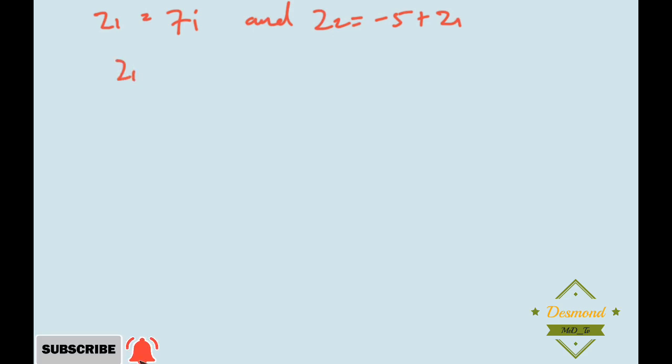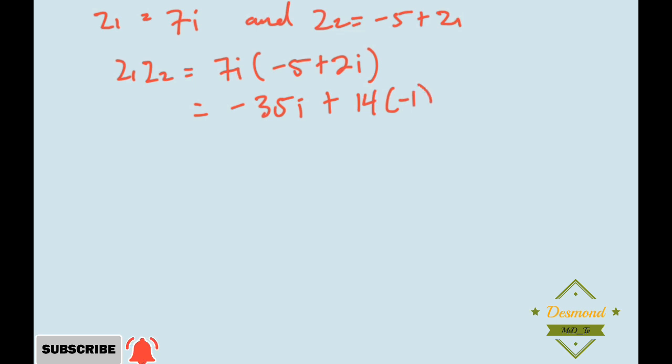We should have z1 multiplying z2 equal to 7i multiplying (-5 plus 2i). And when we do it, we should get -35i plus 14 multiplying -1, and this should give us -14 minus 35i, and that's our answer for example 2.